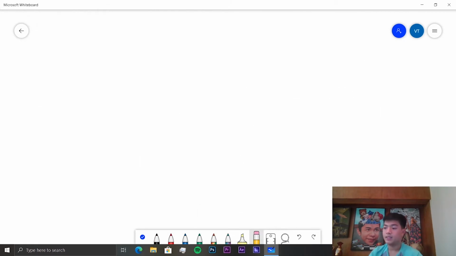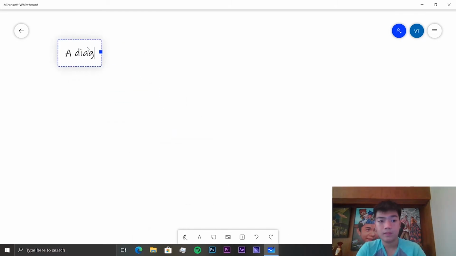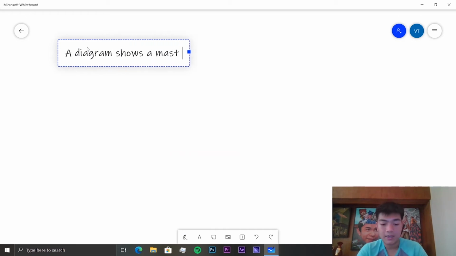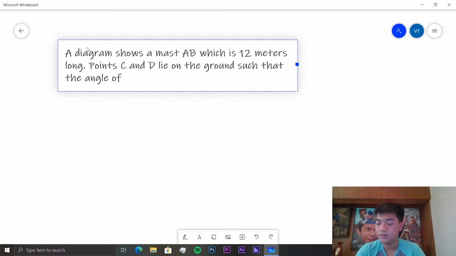Okay, so on to the next one. And so the next question shows that we have a diagram, which shows a mast AB, which is 12 meters long. Points C and D lie on the ground such that the angle of elevation from C to B is 60 degrees.